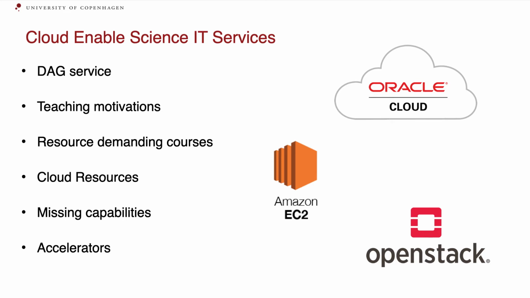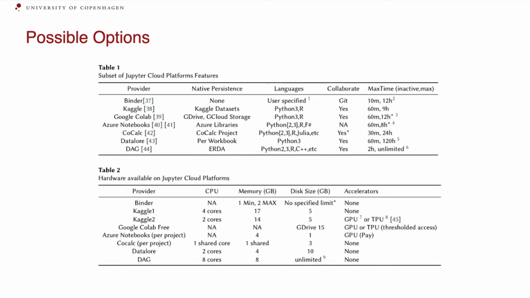So to provide this, we looked at a number of different options that would enable us to provide this. And from looking at the existing cloud platforms, we could identify 3 providers that would enable us to both get Jupyter Notebooks, but also access to GPUs. And that would be Kaggle, Google Colab, and Azure Notebooks.